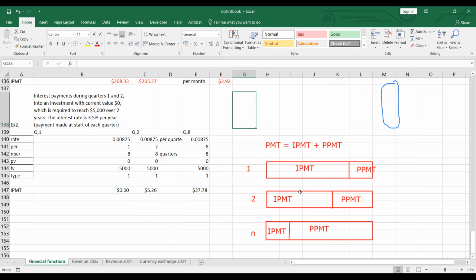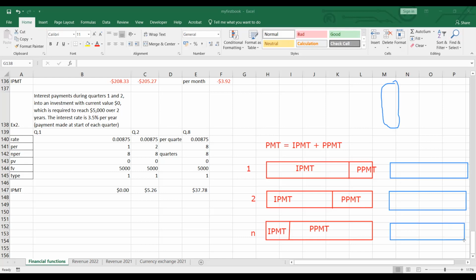Now let's see. This picture is a bit different from the previous picture in the proportion of IPMT and PPMT of the loan. Now we talk about the payment in terms of the investment. If I'm talking about these 3 quarters in blue color, you can see that the first quarter is like this.